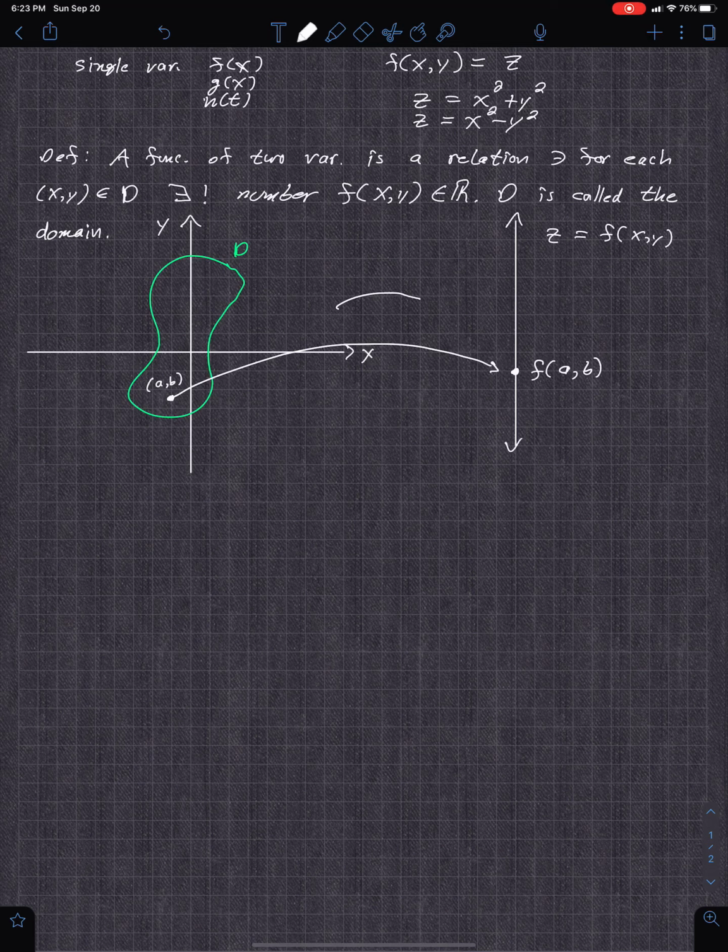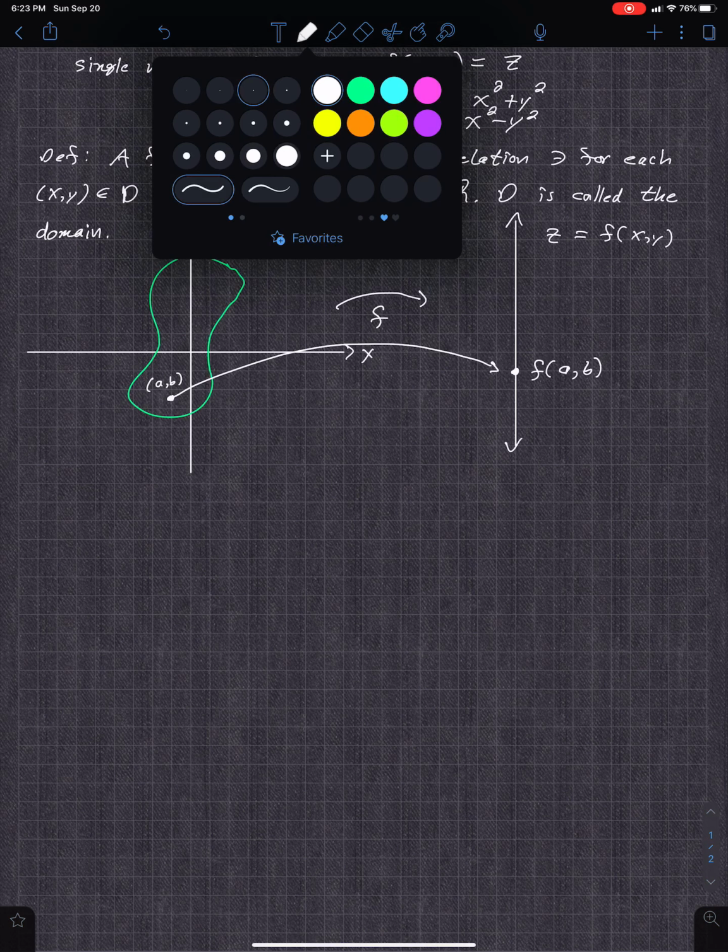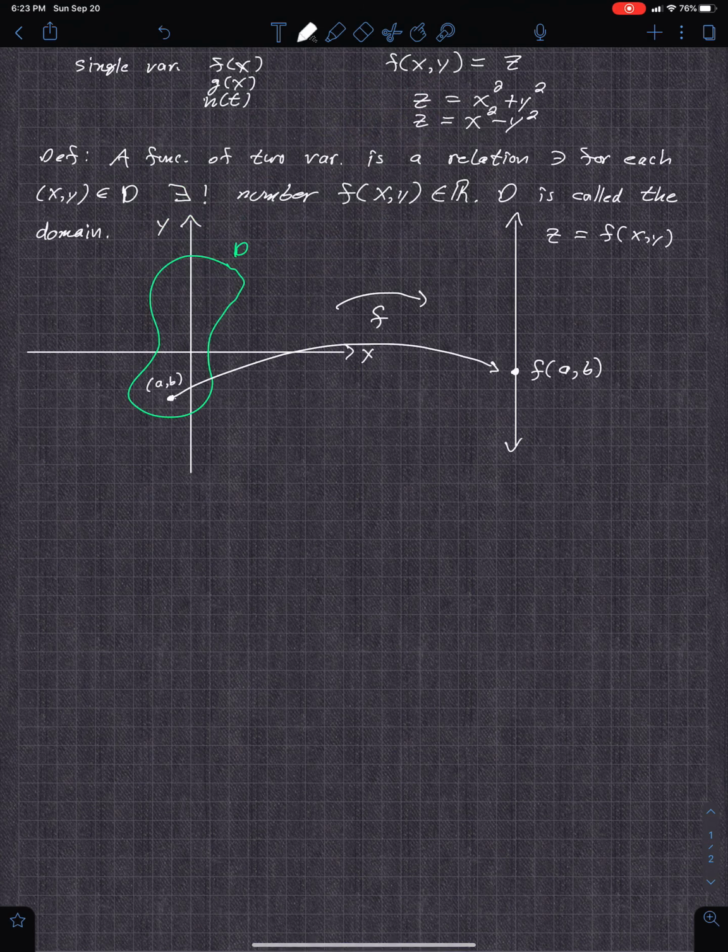So it's a mapping, here's your f from one set to a real number line. And it's unique, so it's like a function. So you don't get this case where you get the same value mapping to another point. Then that's not a function, right? So same idea as before.